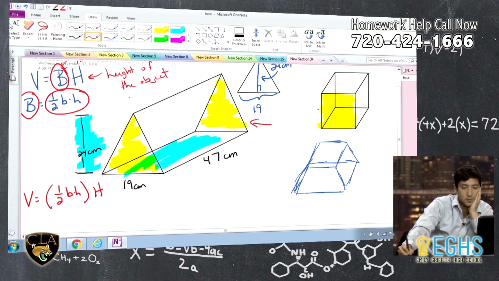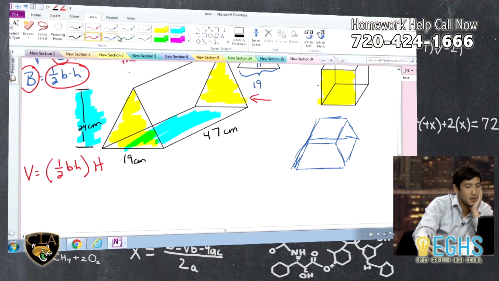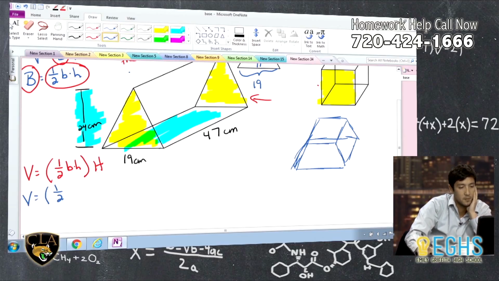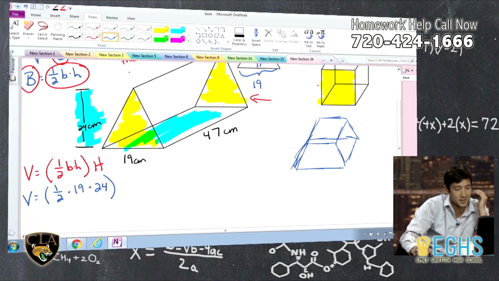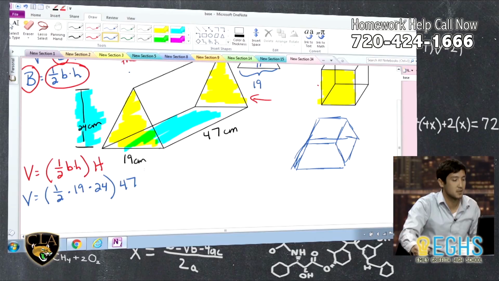So from here, we just have to plug in the information. The volume equals 1/2 the base of the triangle, which was 19, times the height of the triangle, which was 24, and then times the height of the entire solid or object.